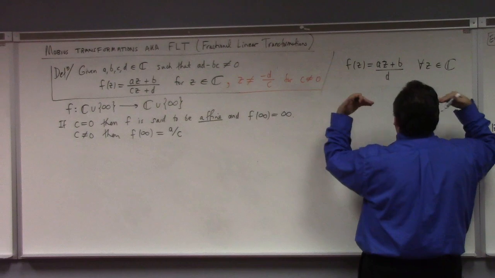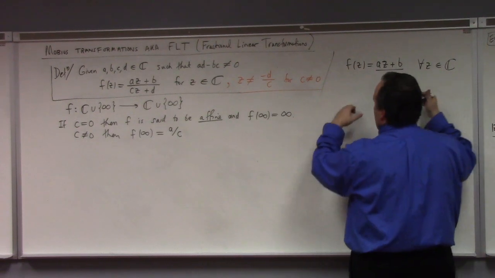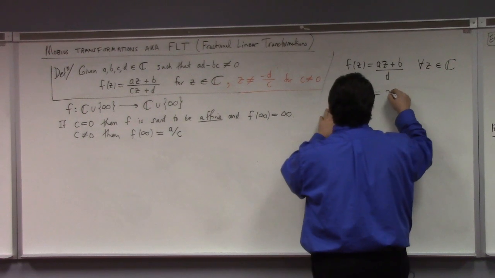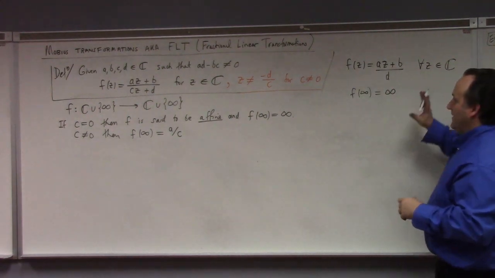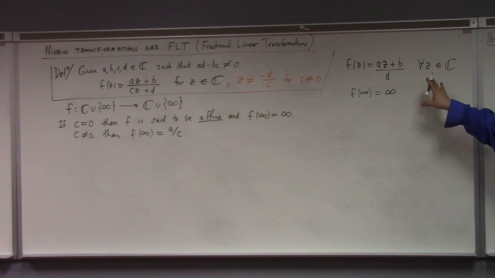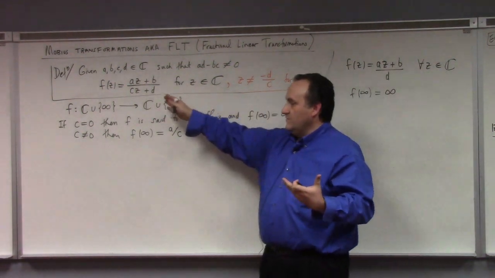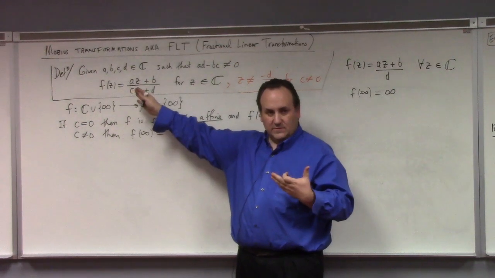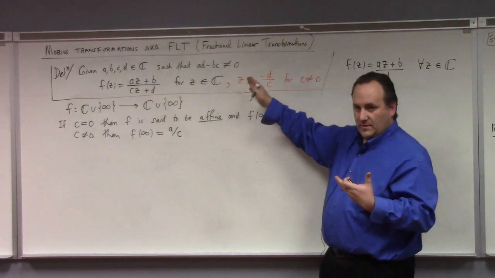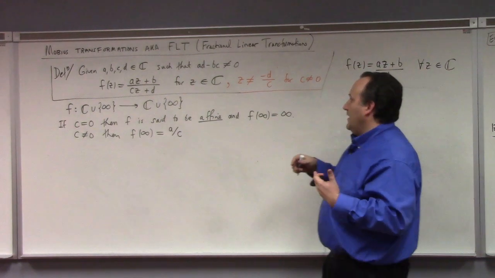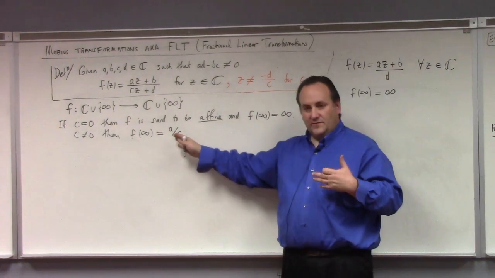And we also say that infinity maps to infinity. So that's the c equal to 0 case. In the c not equal to 0 case, we use the fraction, except at the pole, right? And we map infinity to a over c.